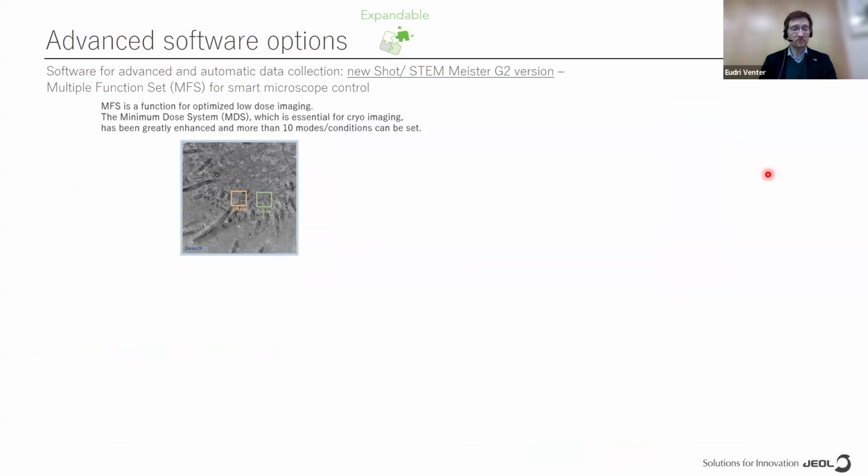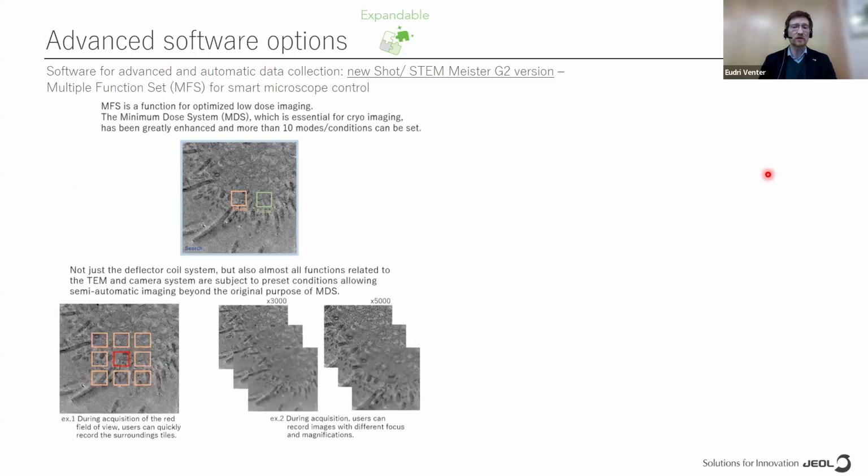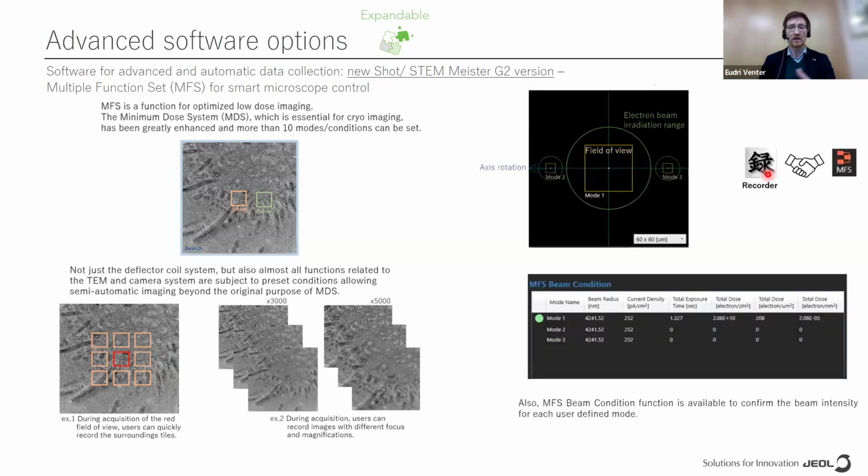Further to the features of this system, the software package includes the minimum dose system, which is essential for cryo-imaging, but it has now been greatly enhanced to have more than 10 different modes or conditions that can be set. And not just the deflector coil system, but any functions related to the TEM and the camera system can be subject to preset conditions, allowing semi-automatic imaging beyond the original purposes of the minimum dose system.